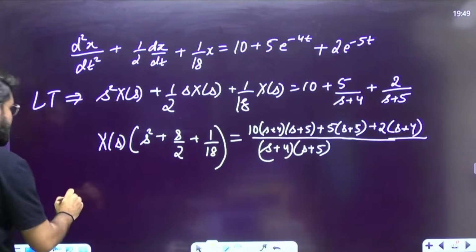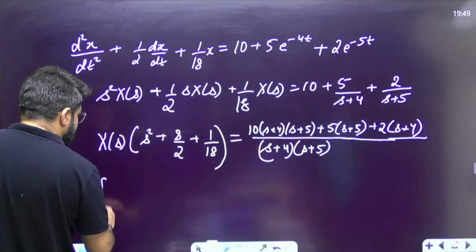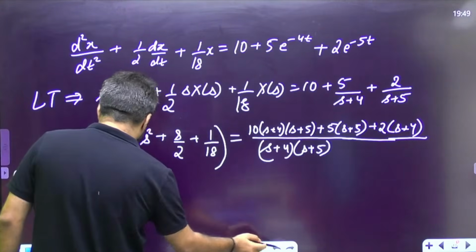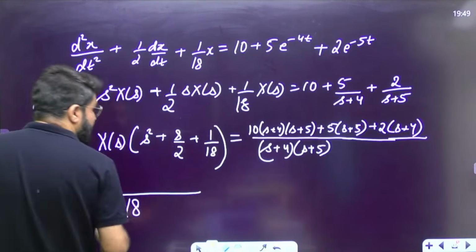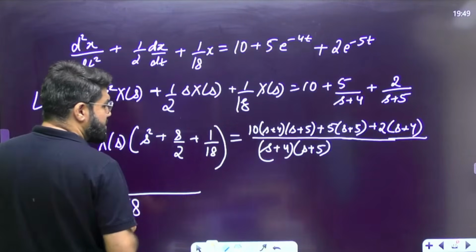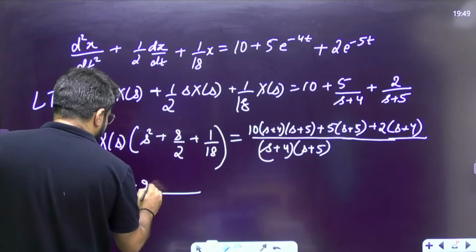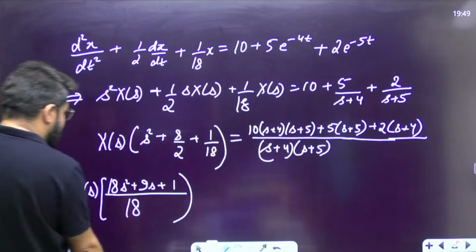So first let's simplify the terms on both sides separately. Let's take the whole denominator on the left side as 18. 18s square, this will become 18 by 2, 9s, and plus 1. This much is on the left side.